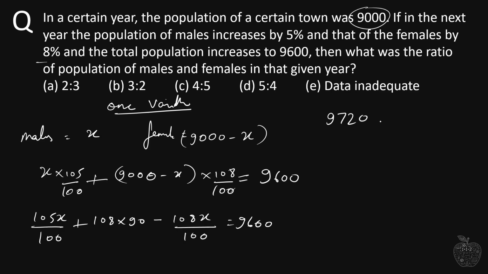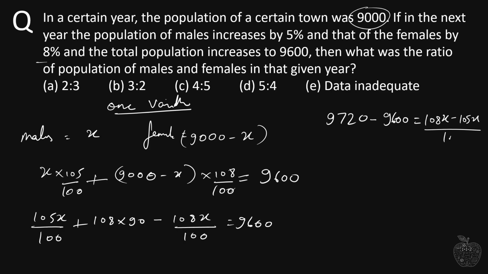Then 9600 goes to the left hand side, so we get 9720 minus 9600 on the left, and on the right hand side we get 108x minus 105x.